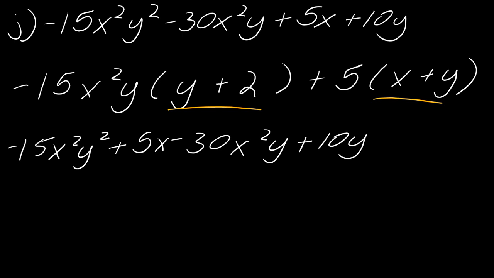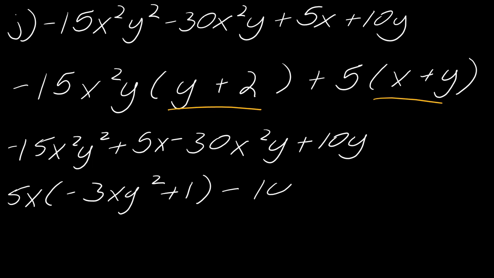So in this case now I can factor out 5x. That's going to leave me with negative 3xy squared plus 1. And then in the second set of terms, why don't we factor out, how about negative 10y? So let's see, what does that leave me with?